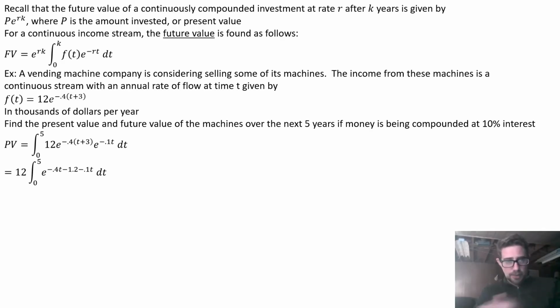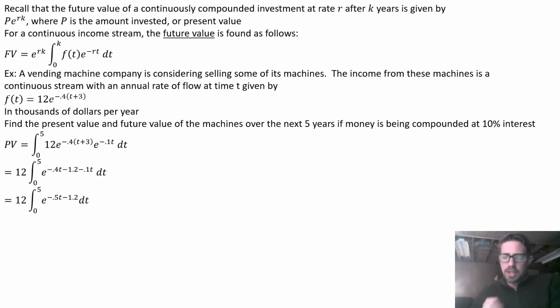Take that 12 to the outside and then combine those exponents by the rules of exponents. I went ahead and distributed those parentheses, so it's negative 0.4t minus 0.4 times 3, which is 1.2, minus 0.1t. That gives you e to the negative 0.5t minus 1.2.